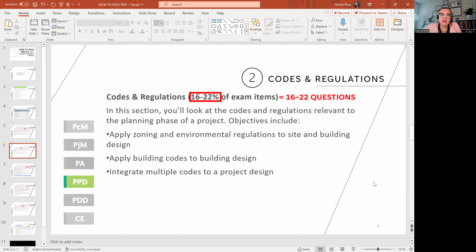Also, the third objective is to integrate multiple codes into a project design. So if there are contradicting requirements, always follow the most stringent. That's the rule of thumb. And always cross-reference between ADA, between environmental conditions, between the local zoning code, local planning division, and if there are any master development plans for this area.